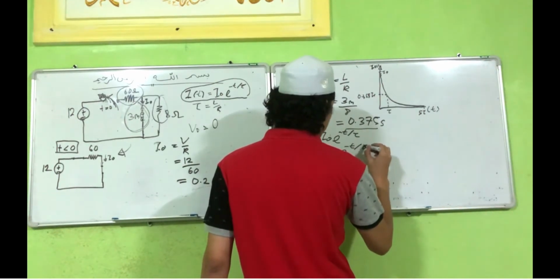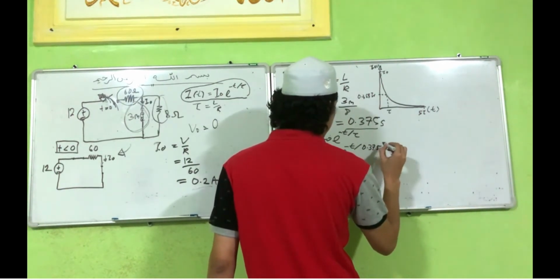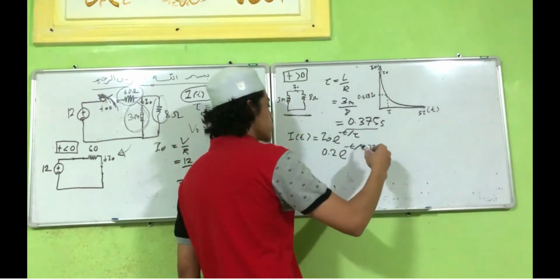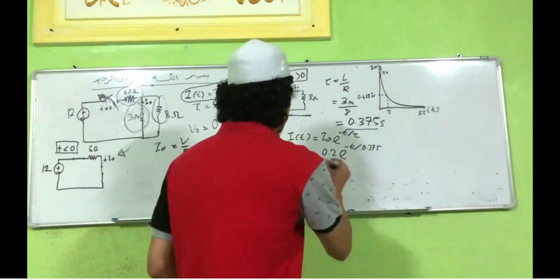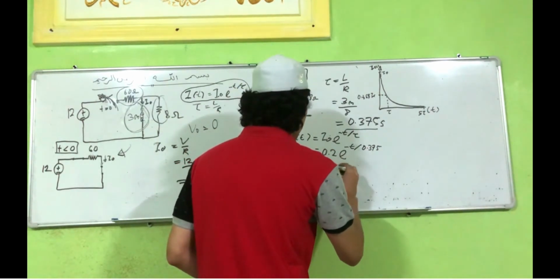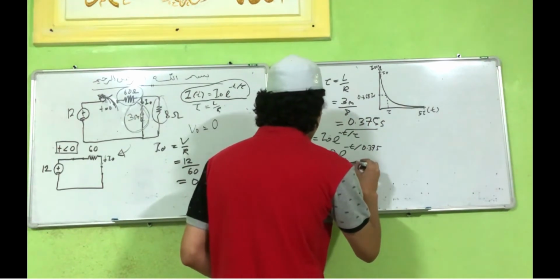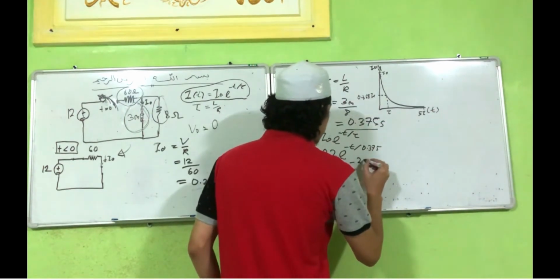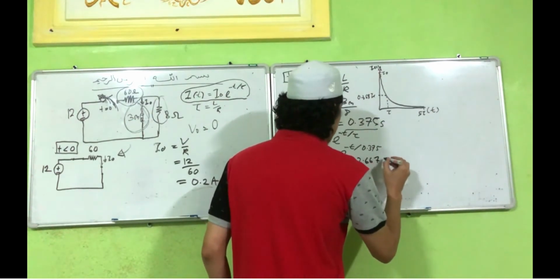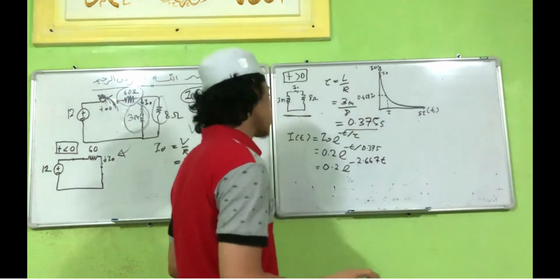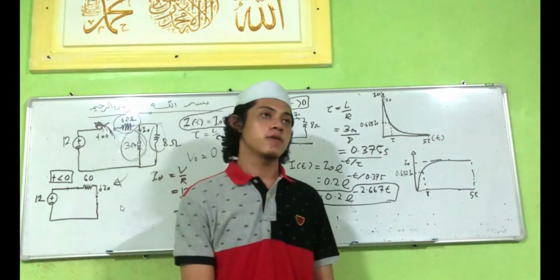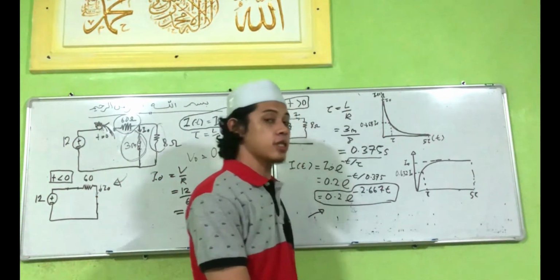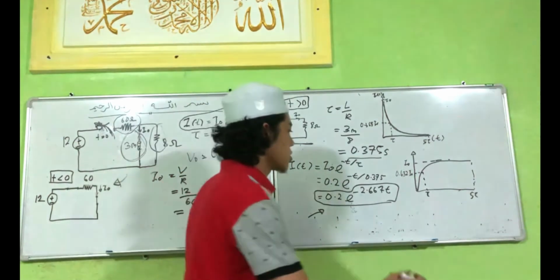Tau is equal to 0.375. So 1 divided by 0.375 is equal to 2.67, so i(t) is 0.2 exponent negative 2.67t.